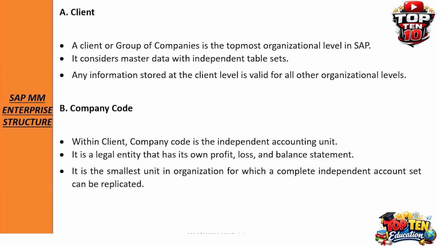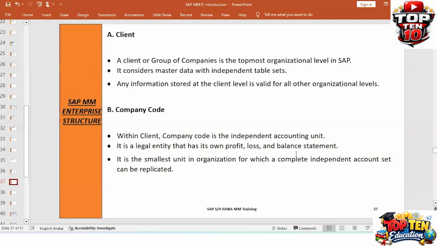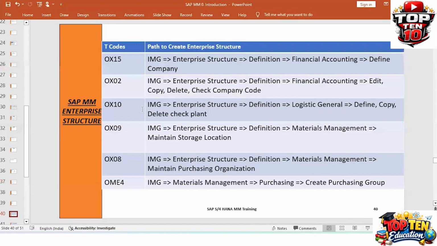So there are three things we are discussing on this page: one is the client, second is the company, and third is the company code. Now, the matter is how to create one company or one client in SAP Material Management, and after that, how to create one company code.